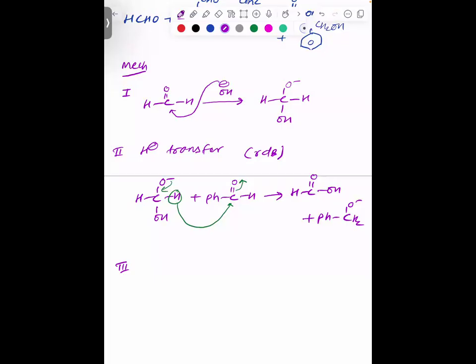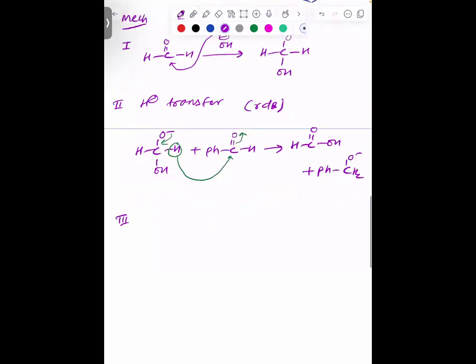Carboxylic acid is more acidic. If the carboxylic acid is more acidic, then the conjugate base of the alcohol or phenol will be the stronger conjugate base, and then the shifting will take place.